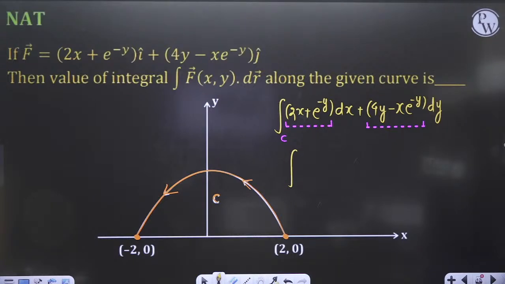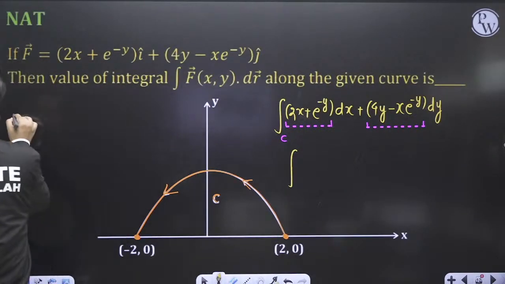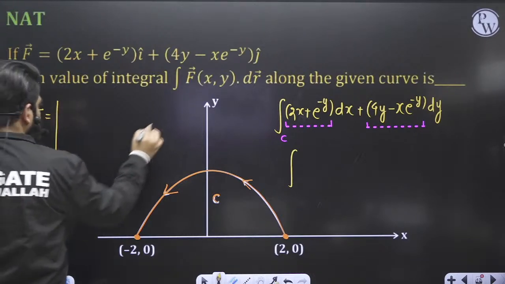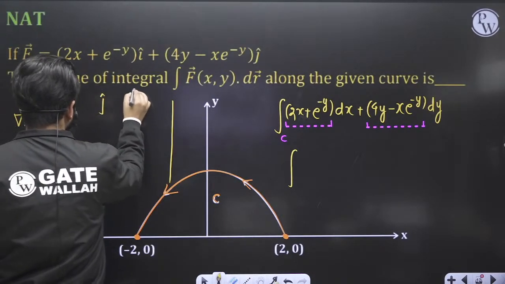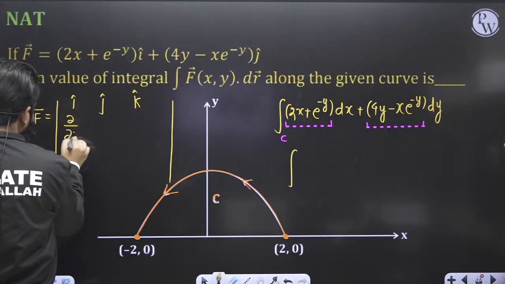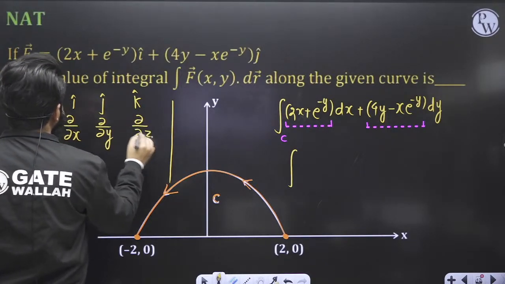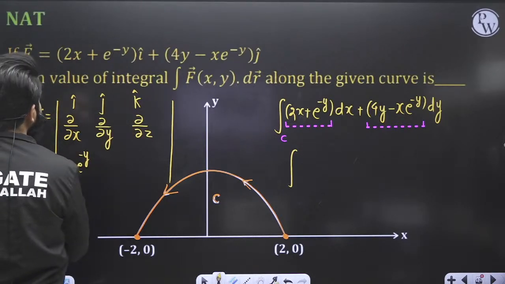Fine. Let us try to understand both the things. This is i cap, j cap, k cap. This will become del by del x, del by del y, del by del z. This expression becomes 2x plus e to the power minus y.